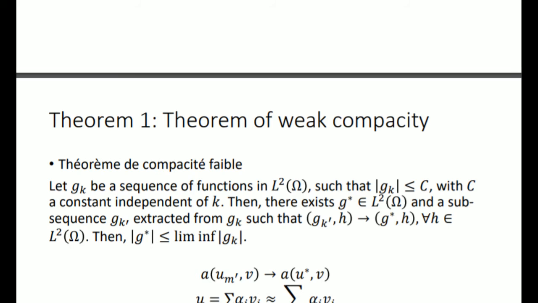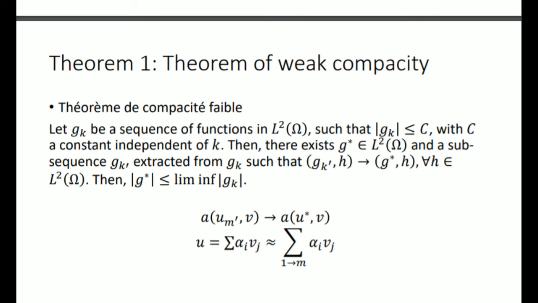Okay, so now we'll get to our first theorem. The theorem of weak compactness. Let g_k be a sequence of functions in L2, so the usual L2 space, such that g_k is bounded absolutely with c a constant independent of k. Then there exists g star in L2, obviously, and a subsequence g_k prime extracted from g_k, so that g_k converges to g star.